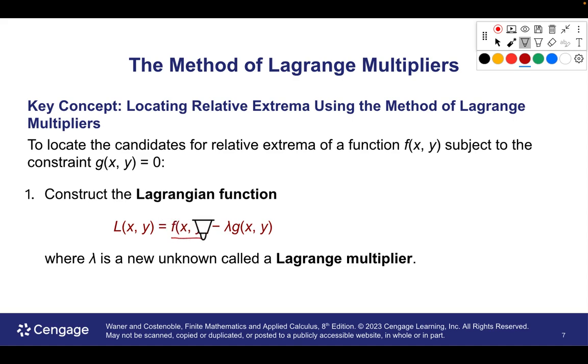We take the f of x function, the function we're given, we're trying to find its maximum or minimum, minus some multiplier. That's a Greek L for Lagrange, I guess. It's a number, but you're going to see we usually don't care what that number is. It's just that there is some number that we multiply by that makes this something of value. But usually we don't have to find what that number is. It's going to cancel out somehow. That's the hope.